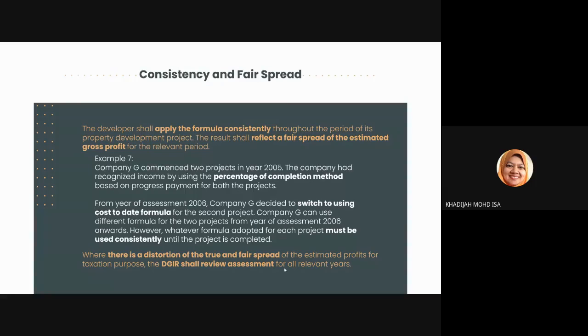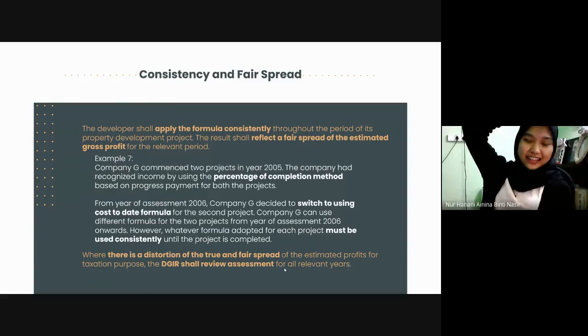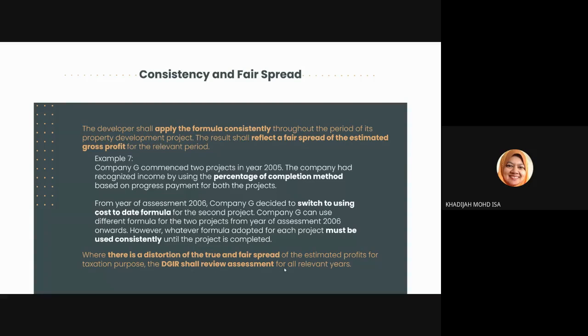No, it's not, because you ada few methods kan? The methods of estimating the profit for the year. So you ada method 1, method 2, method 3. So if you were to change your methods, they have to make sure that the new method you pakai is still true and fair spread of the profit throughout the periods lah.